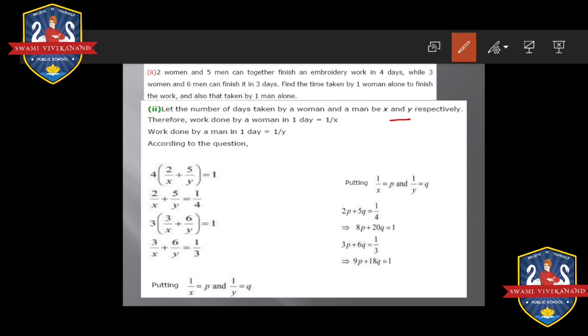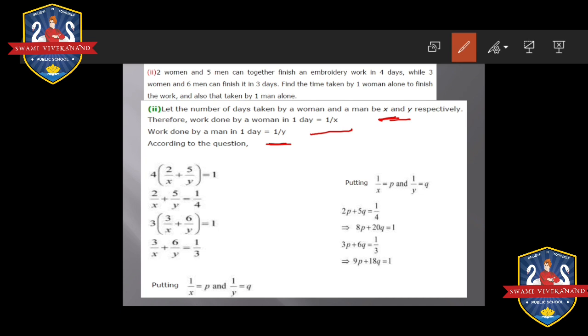If a person completes the work in x days, it means that in one day that person will complete 1 upon x of the work. So in the same way, work done by a woman in one day is 1 by x and work done by a man in one day is 1 by y. Okay, here we consider that total work is 1.